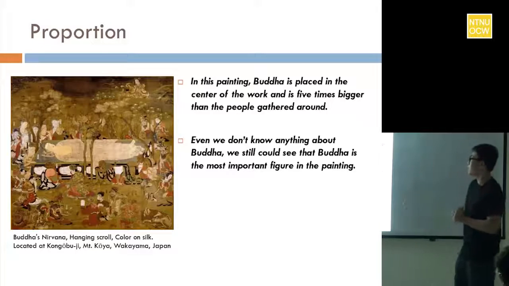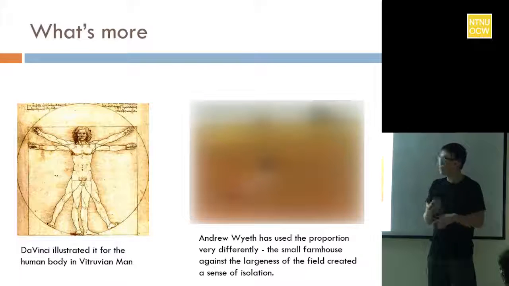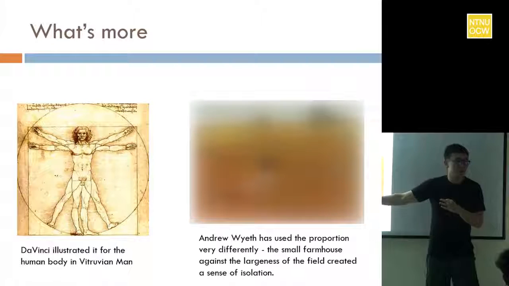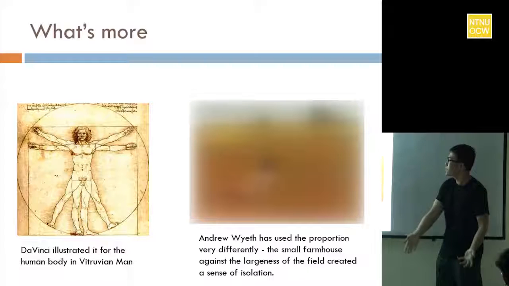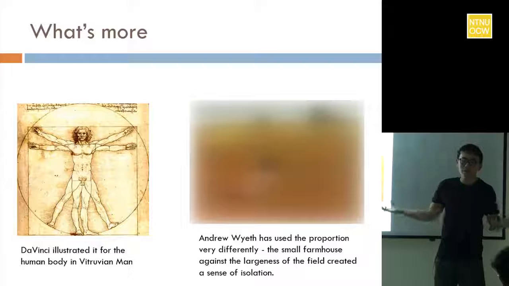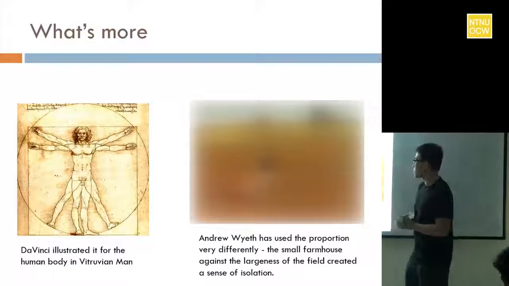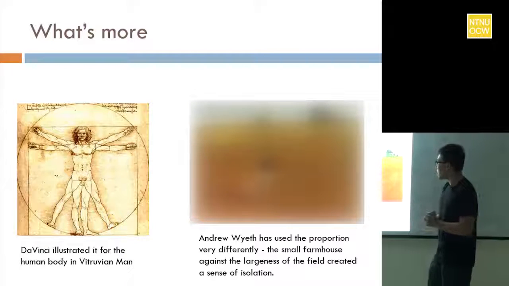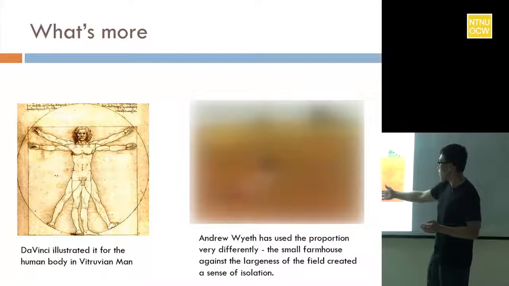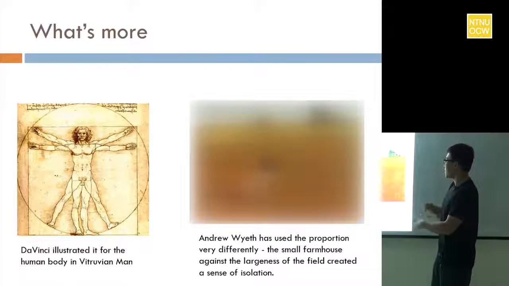Okay, next one. Before we take a closer look at those 3 paintings, I would also like to give you 2 more examples to show how proportion works in painting and how the artist tries to tell us. The first one is Da Vinci's painting, in which he illustrated the human body in this man.